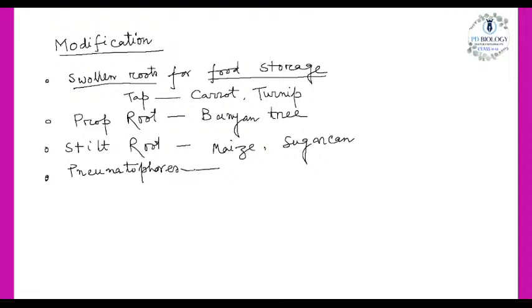Yes, Ankita, Kia is also an example. Pandanus, Rhizophora, pneumatophores. So the roots come out of the ground and grow vertically upward to get oxygen for respiration. That is Rhizophora.